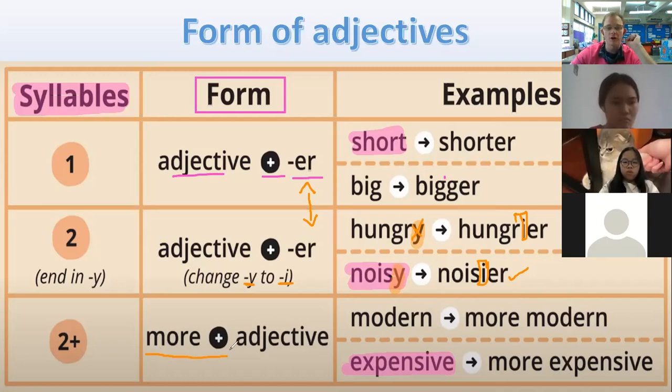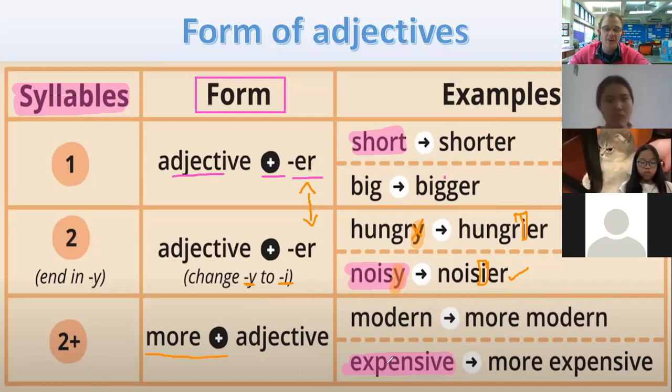So the first one is modern. Two syllables, modern. But we don't say moderner or modernist. No. We say this place is more modern.